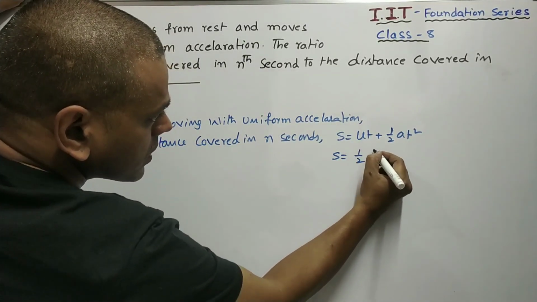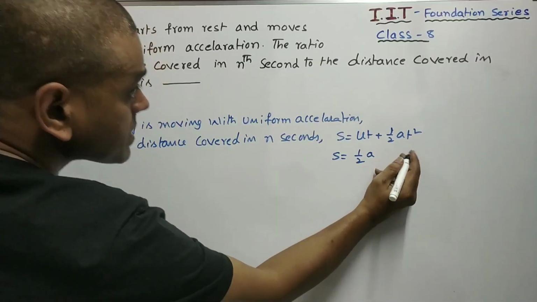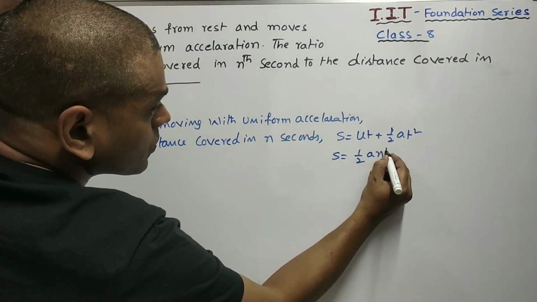So s is equal to half into acceleration a, time is n seconds, so half a n square.